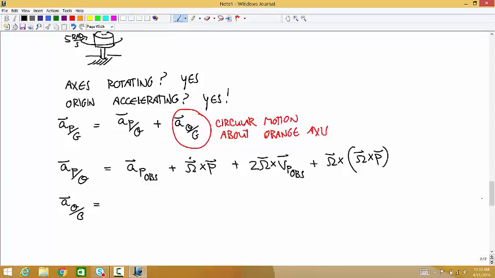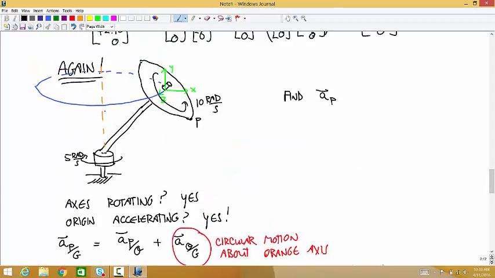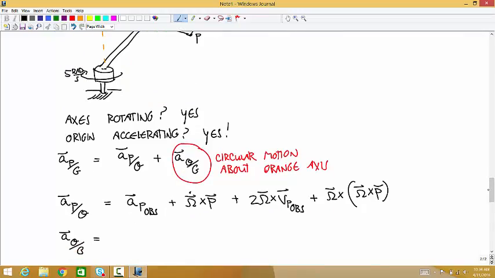Okay? If I can convey anything to you in this semester, it's that. So instead of thinking, we're going to apply the watermelon equation because this is a circular motion, and we're trying to calculate an acceleration of a point moving in circular motion.